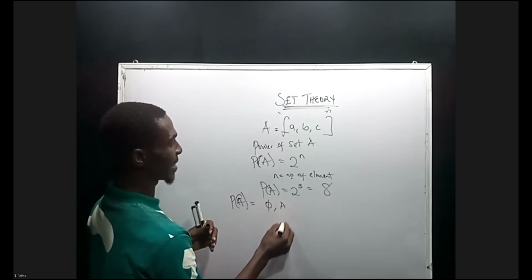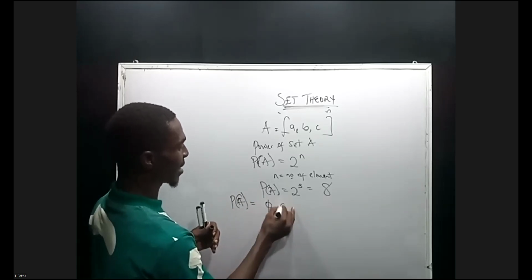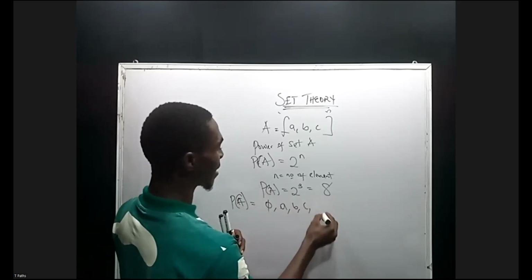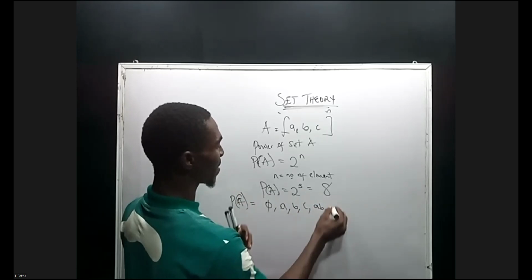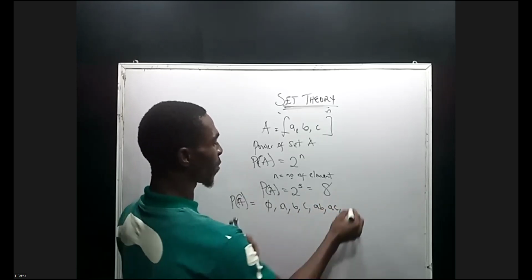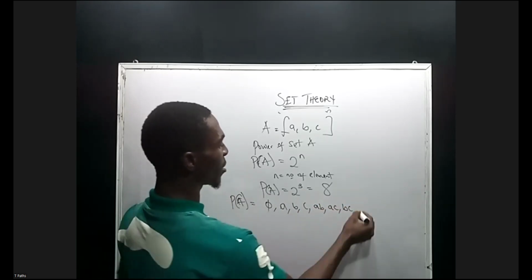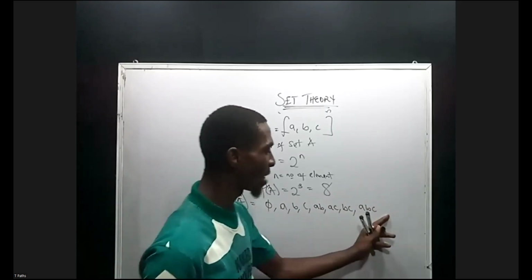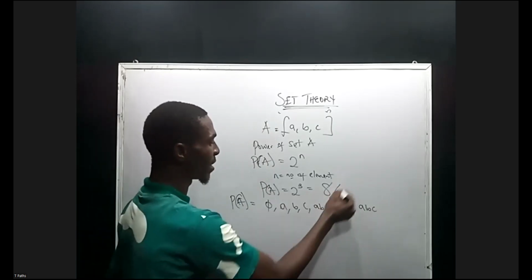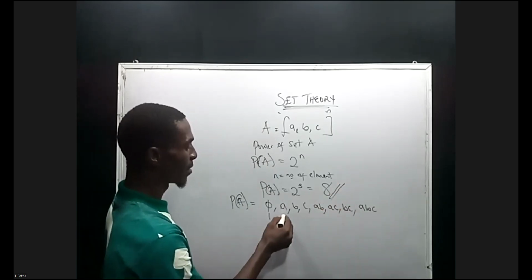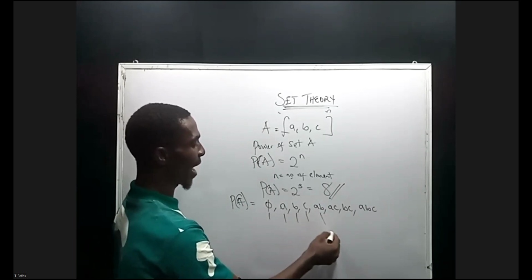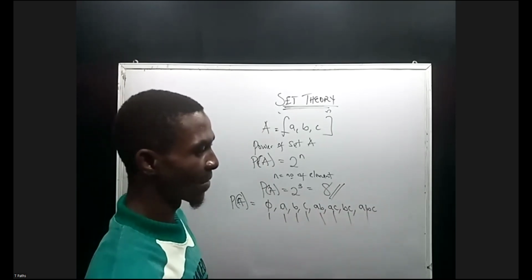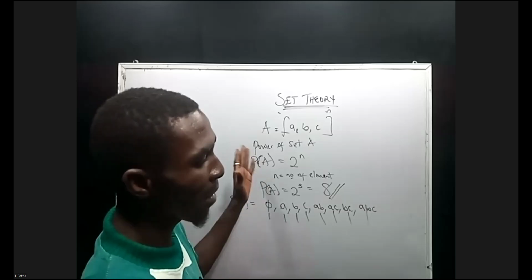You can form a set with element A, set with element B, set with element C. You can form set with elements AB, AC, BC, and you can also form set with elements ABC. If you count them, you have 8: 1, 2, 3, 4, 5, 6, 7, and 8. I hope I've made myself clear concerning power of a set.